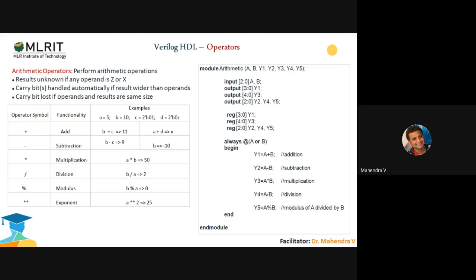But if we write these statements inside the always block, all of them become sequential, meaning one after another will be executed. We don't have much time to spend on this, just have a glimpse, and if you want, take a snap and store it in a Word document.